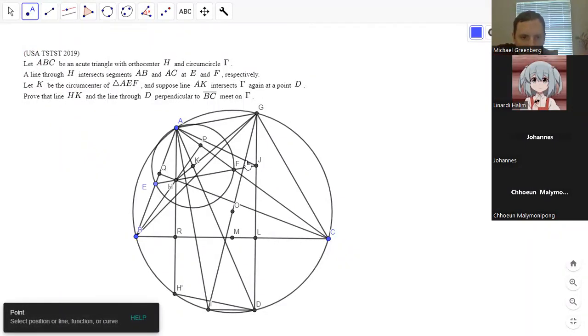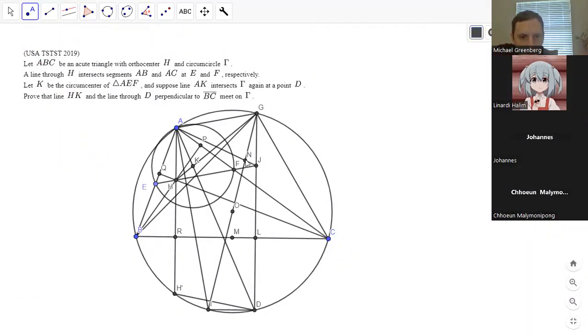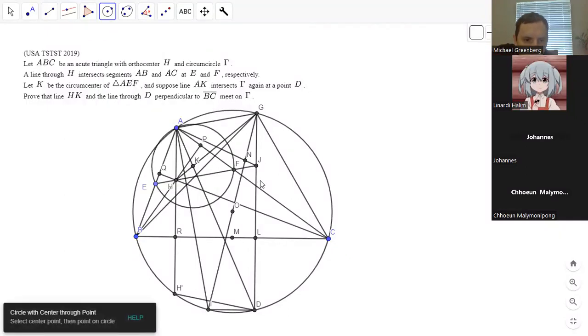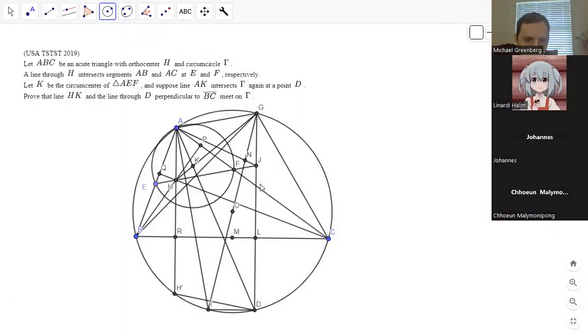So that would mean this point should be the circumcenter of some other triangle. So basically, K is where GH meets AD.